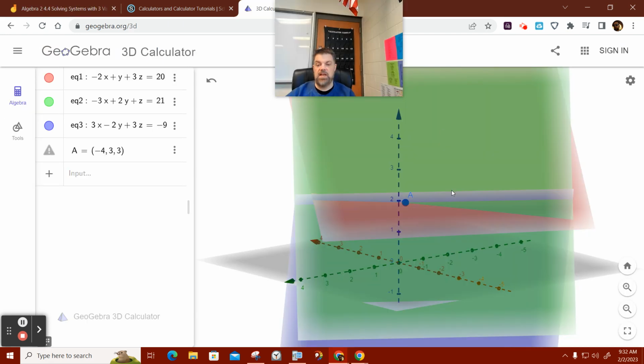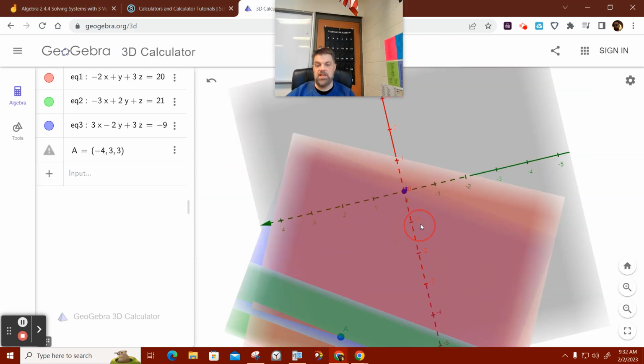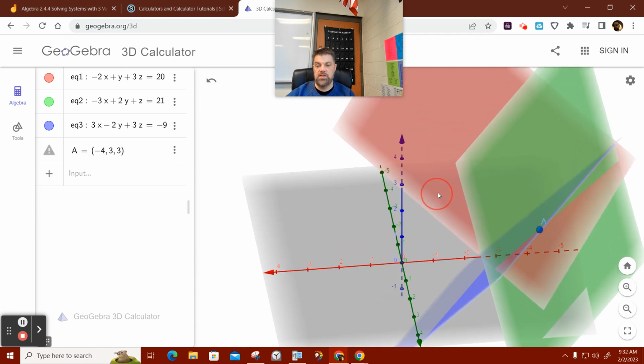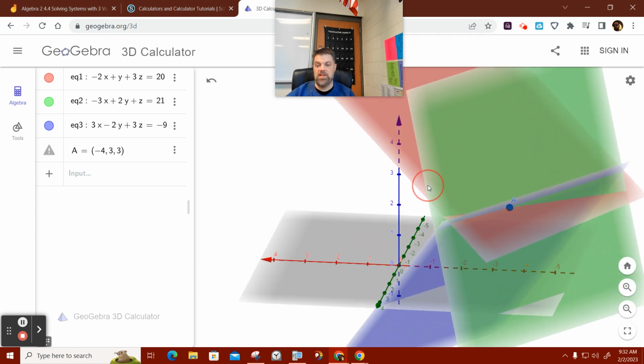So that's good. I'm going to try and get a pretty decent screenshot showing where all three of these intersect.